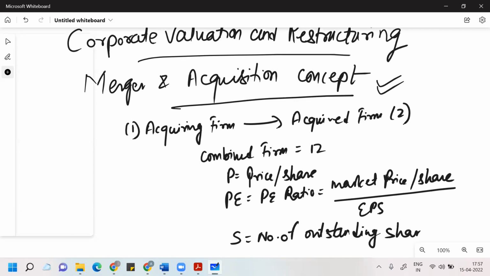When firm 1 acquires firm 2, let the number of outstanding shares trading in the market be S1 for firm 1 and S2 for firm 2.